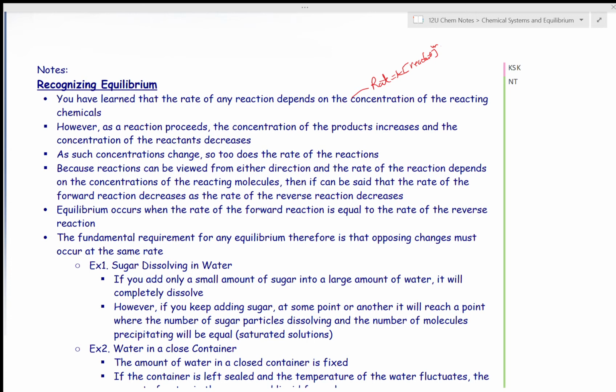Well, you reach an equilibrium when the forward reaction's rate and the reverse reaction's rate are equal to one another. When they are equal to one another, we reach a state of equilibrium. That has nothing to do with the fact that I have equal concentrations. I'm talking about the rates of the reactions.